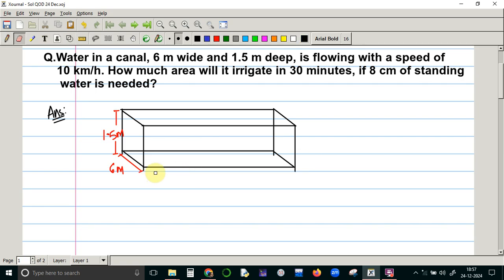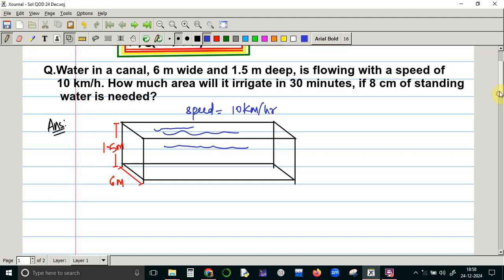It is given that the water in this canal is flowing with the speed of, suppose this is the water, and the speed of water is 10 kilometers per hour.